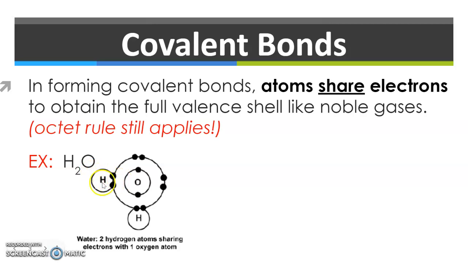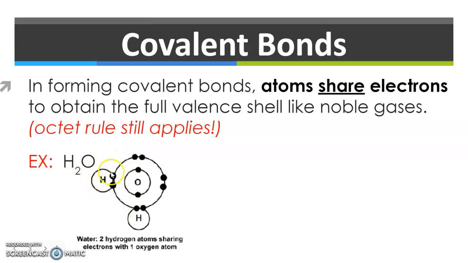So an example here, we have H2O, so this would be a water molecule. So we have oxygen here with its 6 valence electrons. And then hydrogen has 1 valence electron, and so these two atoms of hydrogen bond with one of the free electrons from oxygen, and then this makes oxygen and hydrogen happy.